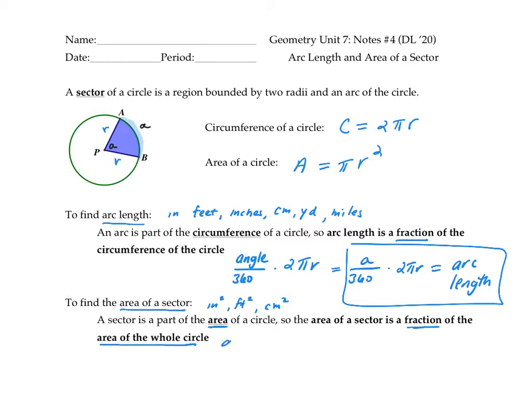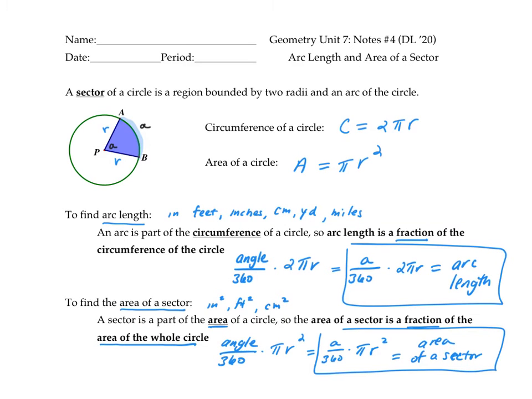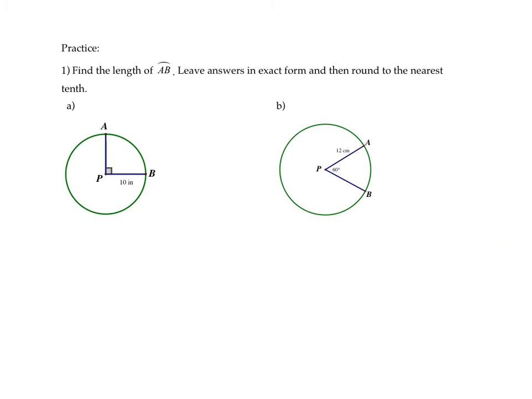So in this case, you're going to take your angle, still divide it by 360, that tells you what fraction of the whole circle you're dealing with, and you're going to multiply it by pi r squared. So a little bit of a shorthand, it will be A divided by 360 times pi r squared. And again, this is for finding the area of a sector. So it's finding the area of, say, like one wedge of the circle. Think of it as a piece of pizza or a piece of pie.